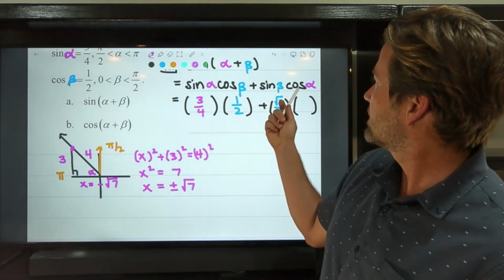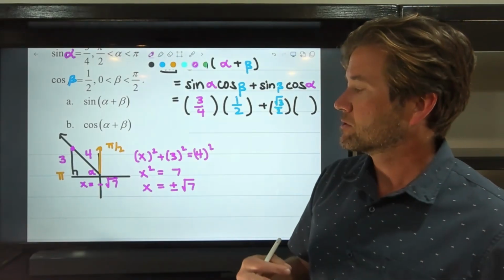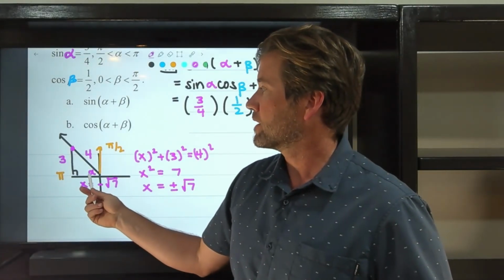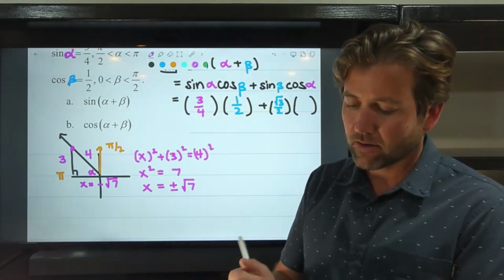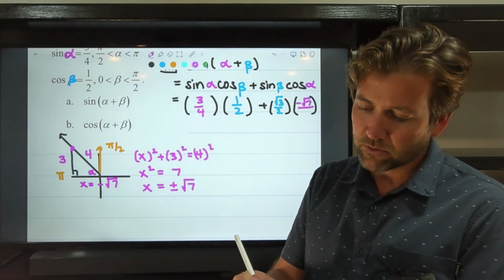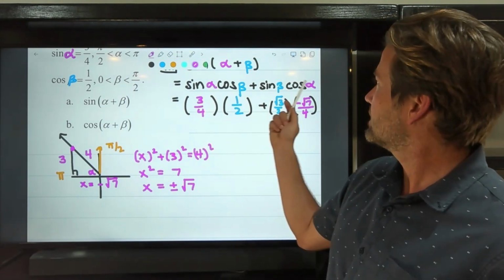Now, it says here the cosine of alpha. So going back to our SOHCAHTOA, the cosine of alpha, given a right triangle, is the adjacent side, negative root 7, over the hypotenuse of 4. Notice this is alpha and that's alpha.